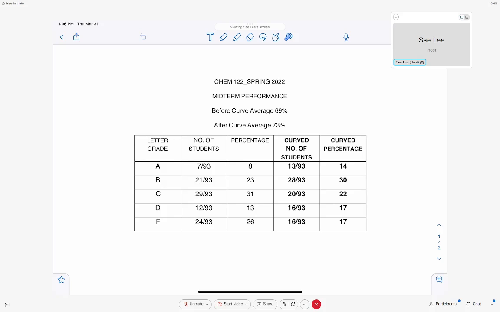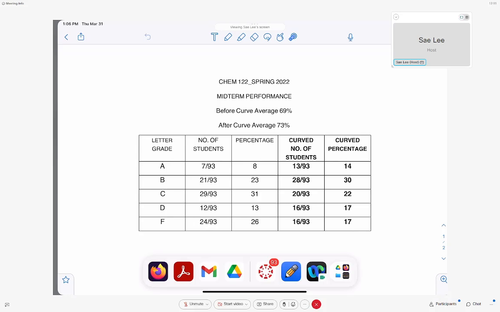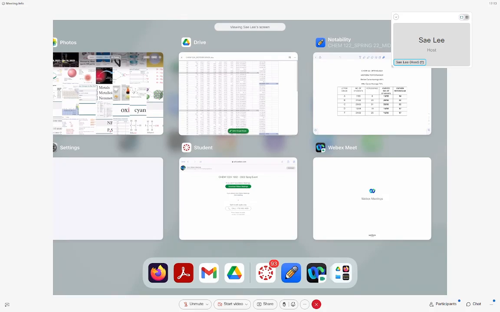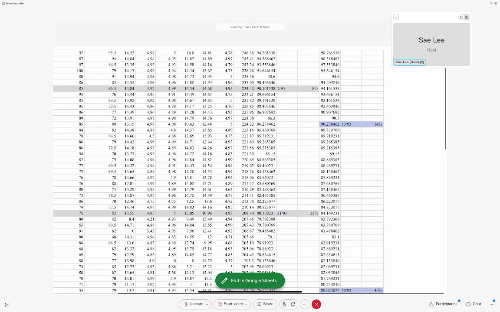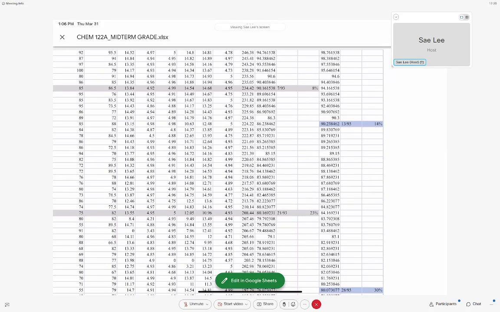After the curve, we have about 14% of the students getting A, and a significantly larger number of students getting B. A lot of the students who are getting C now are in a B range. 17% of the students got D, and fewer students are getting F.